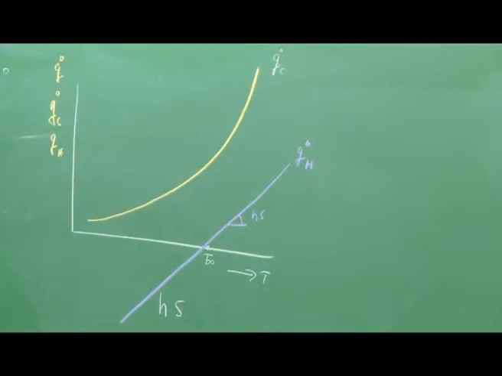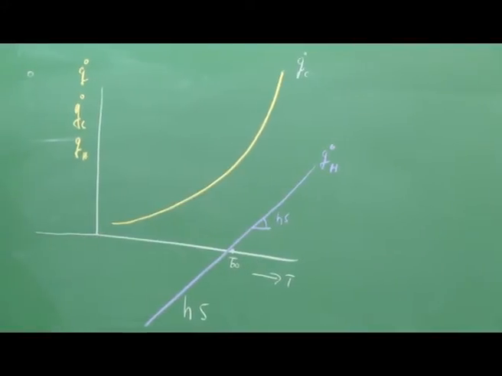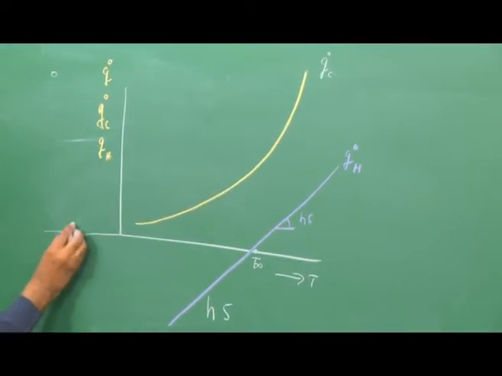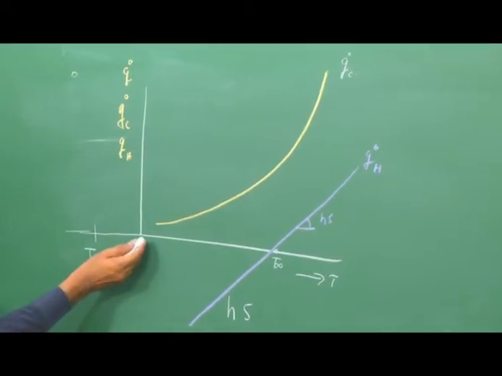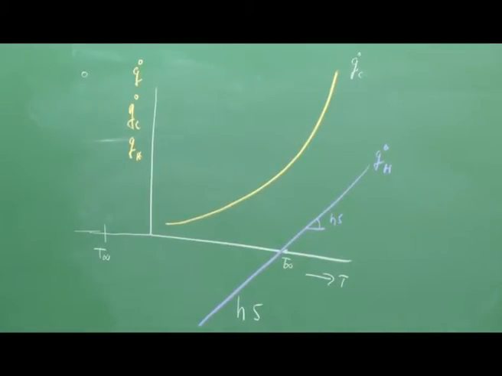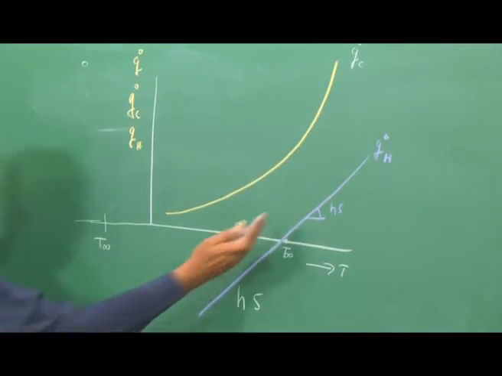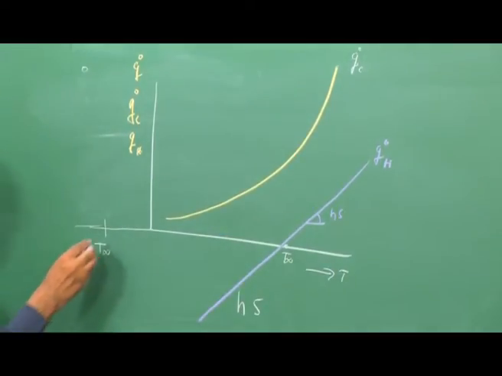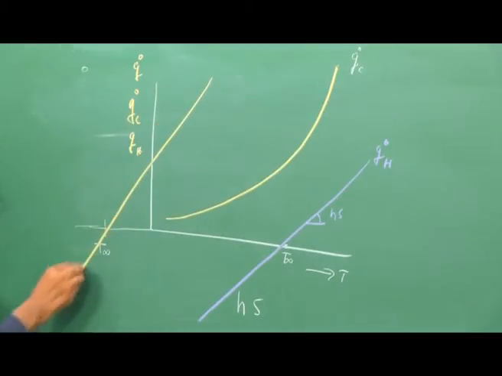If by chance, let us say, my ambient temperature is very low, let us say my ambient temperature is over here, it is like minus 20 degrees. And therefore, what is it I get? For different values of temperature, my slope is the same, therefore, now I get another curve which is over here.